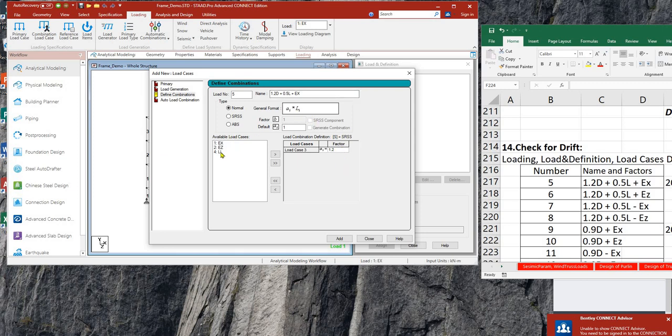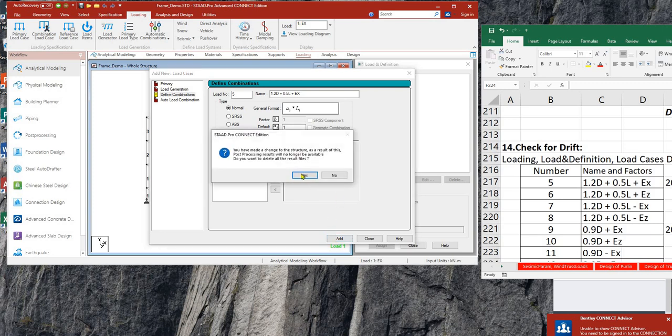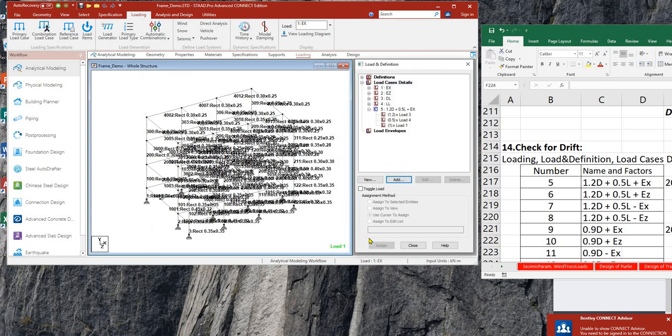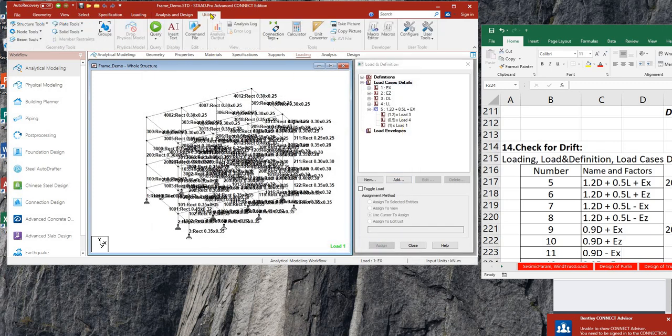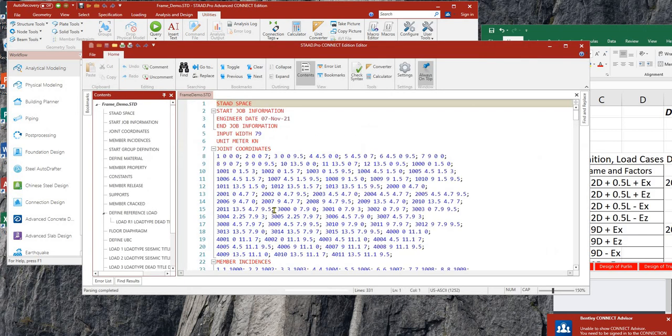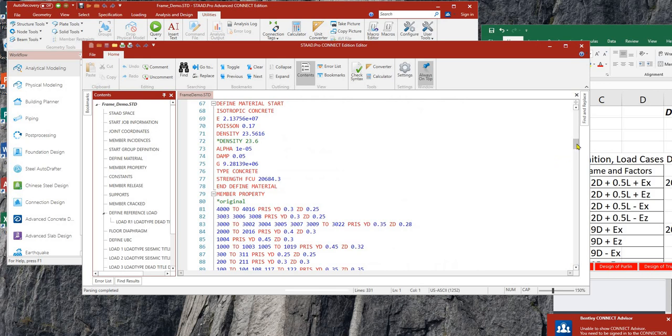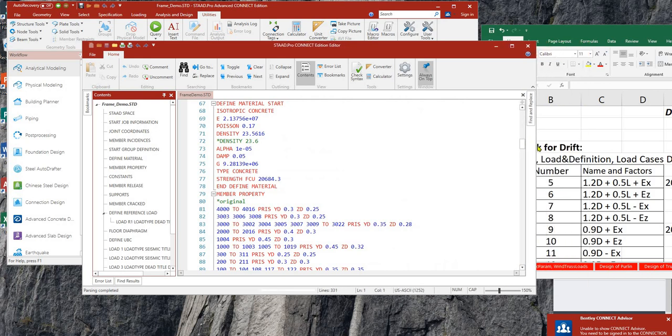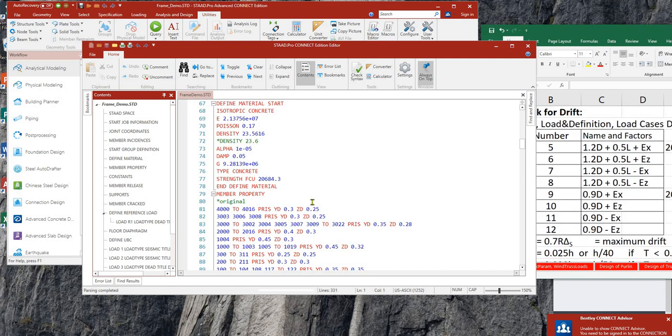Tapos susunod si live, factor niya ay 0.5. And then si EX, factor niya ay 1. And then you click add. Then let's close. Punta tayo ngayon sa utilities. Punta tayo sa command file. And dito natin gagawin yung the rest of the combinations. Okay?